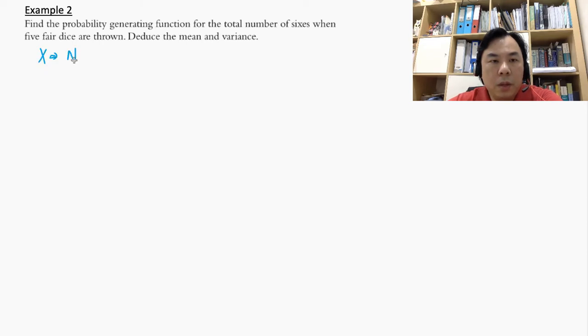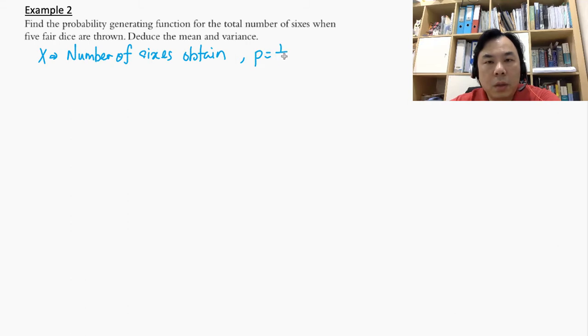Now we will label x to represent the number of sixes. From here, we know that the probability of success of getting a 6 is actually 1 over 6, assuming that this is a fair die with 6 faces.